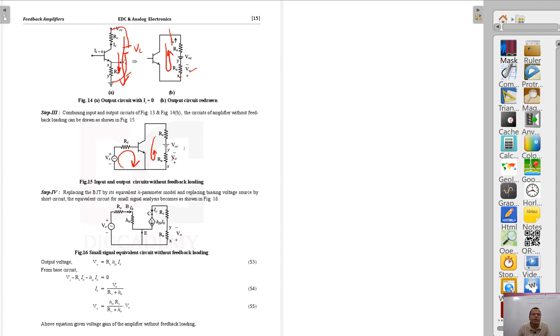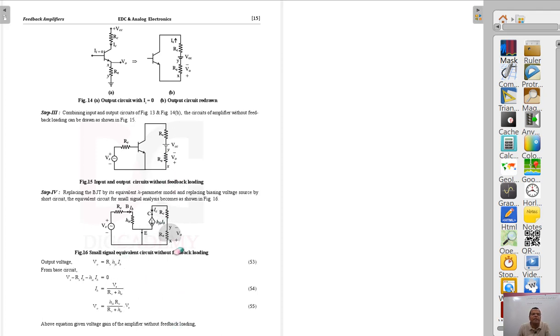This complete circuit is known as the circuit without feedback loading. I'll make it clean so that it's clear to you. The resistance RE appears in the output loop but not in the input loop in the case of voltage series feedback. I hope the concept is clear.